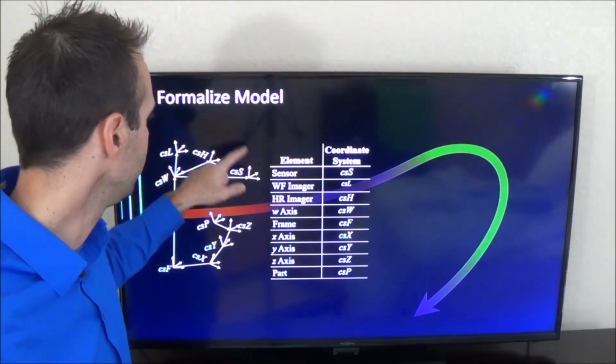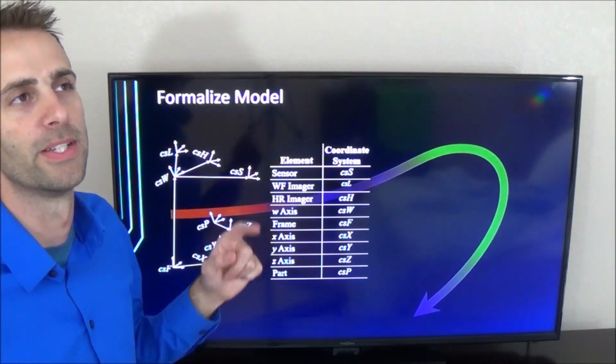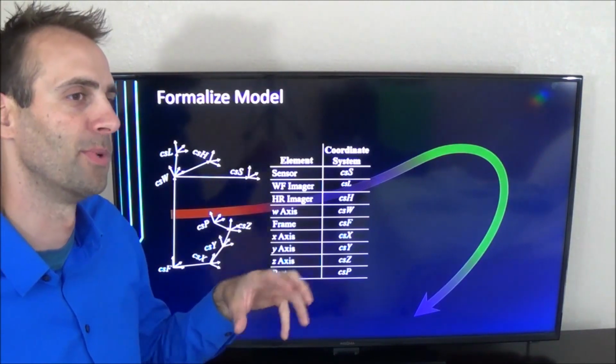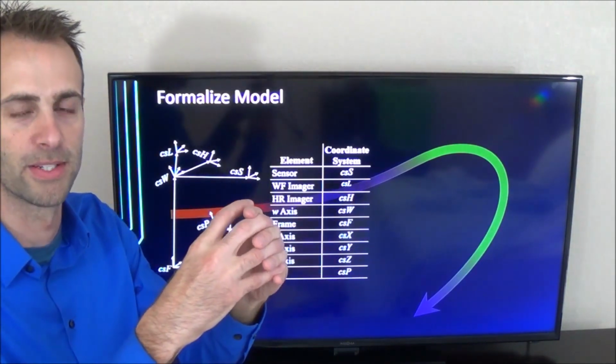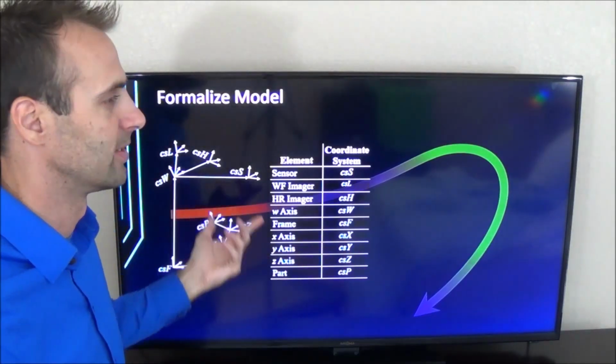So in a measuring machine, I would be going from sensor to part very frequently, so I don't want to inverse all of my matrices every single time. I just want to pre-multiply them. It's one matrix now, and then I go through with however many points my sensor returns.